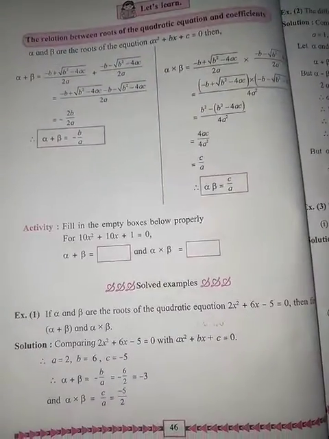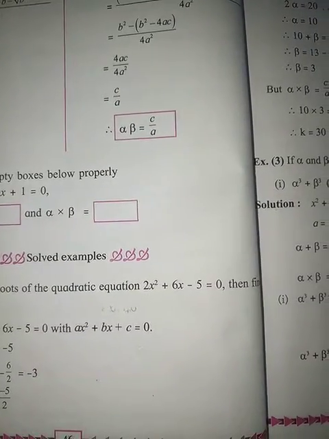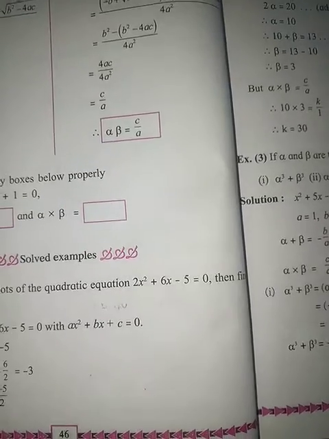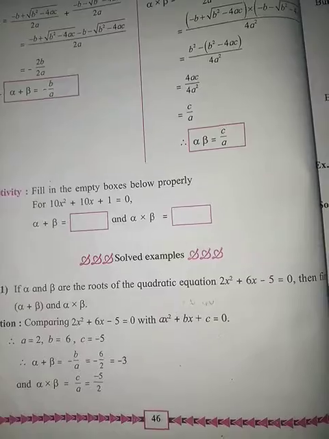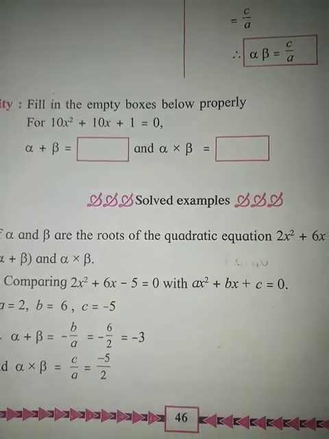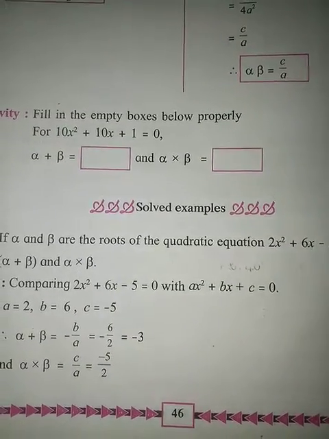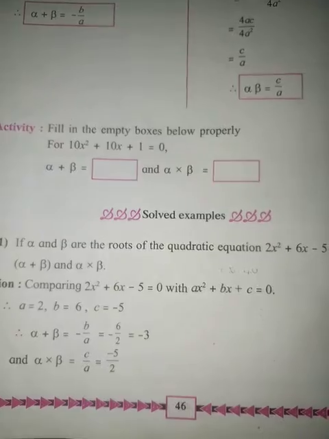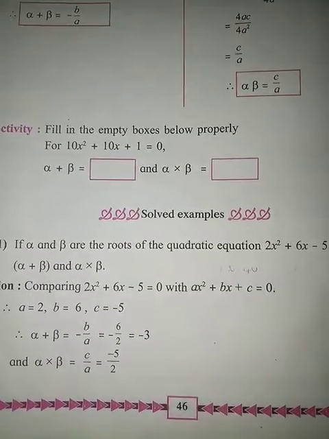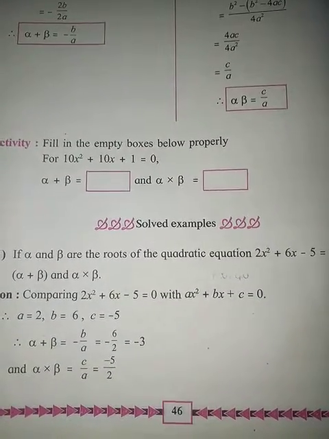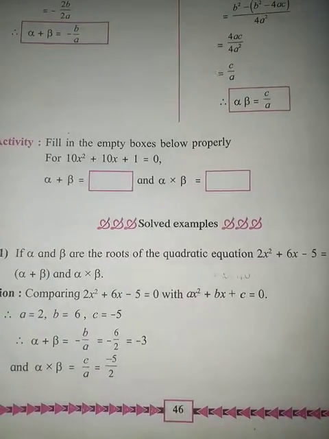See, one solved example is there. Alpha and beta are the roots of quadratic equation 2x square plus 6x minus 5 is equal to 0. Then find alpha plus beta and alpha multiplied by beta. Compare this equation with ax square plus bx plus c, and just put the values here. a is 2, b is 6 and c is minus 5.